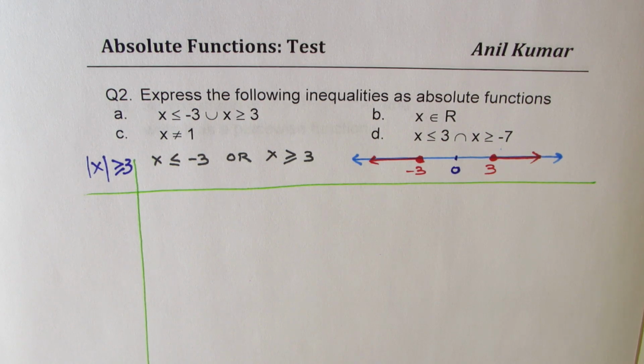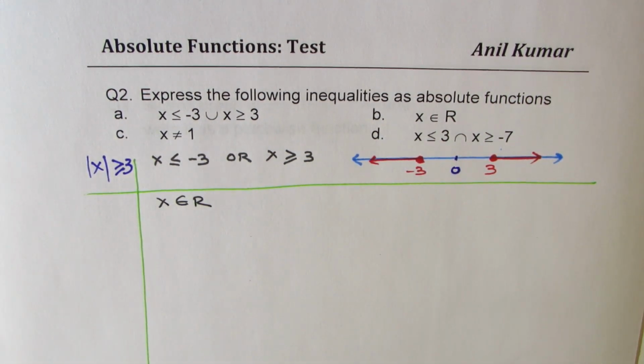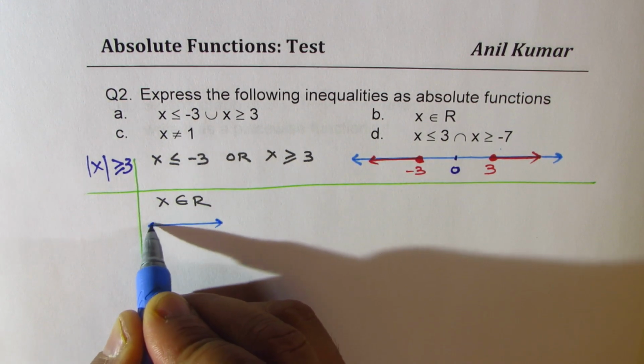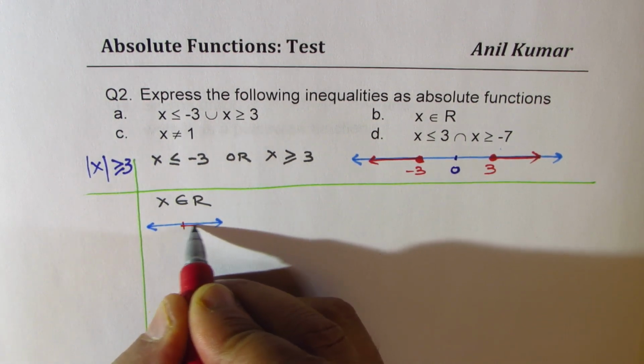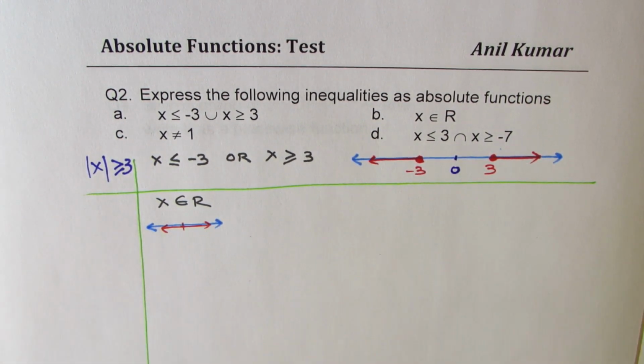Part B is x belongs to real numbers. Now if I say x belongs to real numbers, what do I mean? I mean the whole number line, right? I mean this. The whole number line. Everything on this number line. How do I express this as an absolute function?